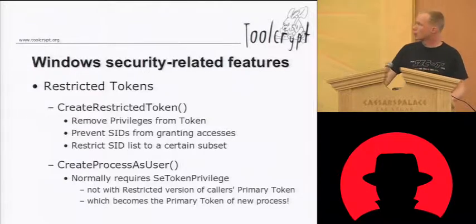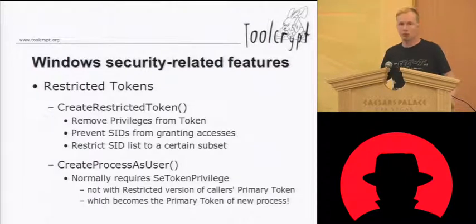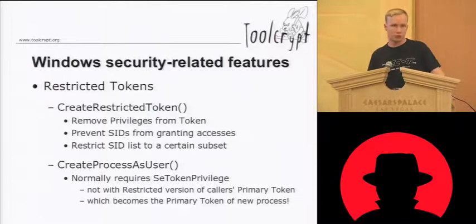And basically what you can do is you can remove certain privileges or remove certain SIDs from the list of users and groups within a certain token. And that token can then be used either as an impersonation token, or more interestingly, it can be used to create a new process using this token.